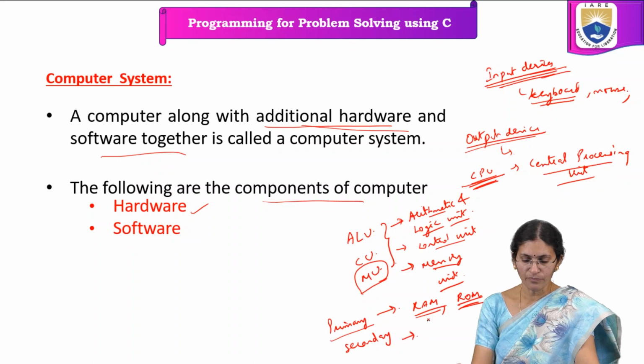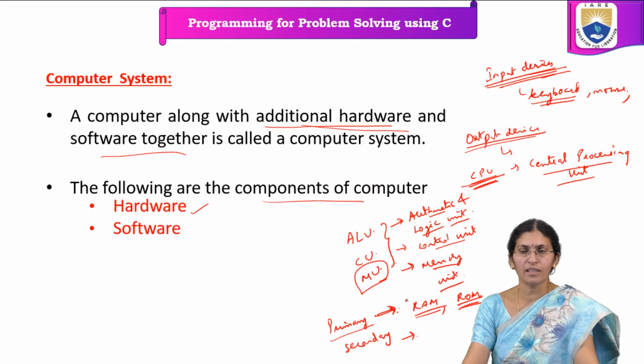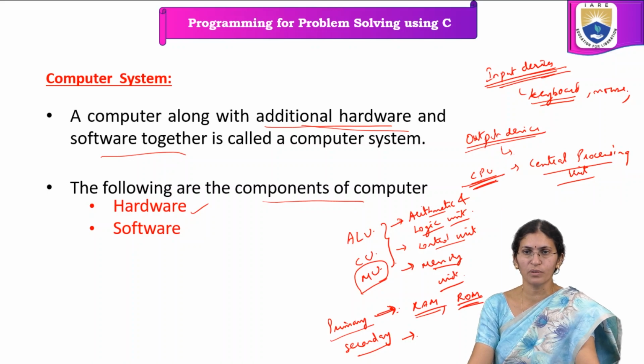It is a characteristic of primary memory that it is a volatile memory. The contents are erased as soon as the power supply is turned off. Next, coming to secondary memory, here the data or the programs are stored permanently. It is cheaper as compared to primary memory.